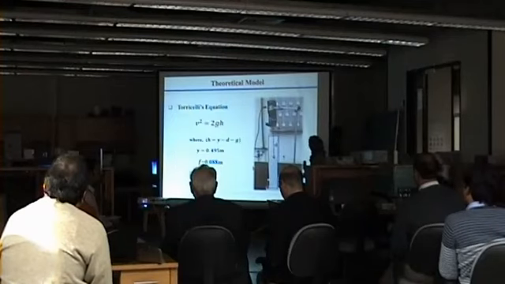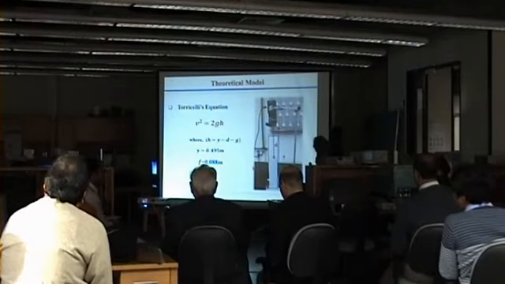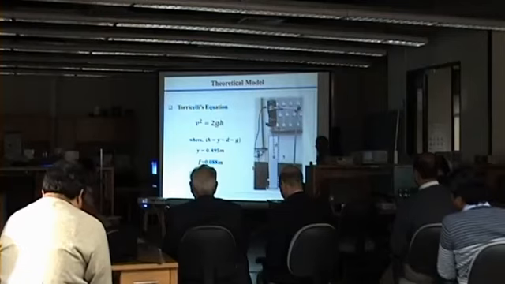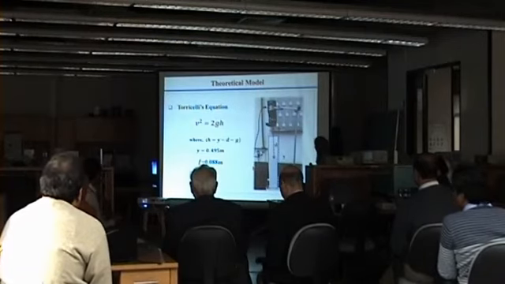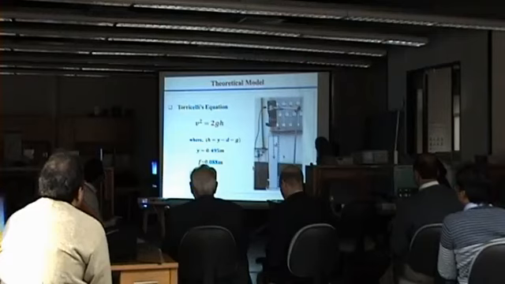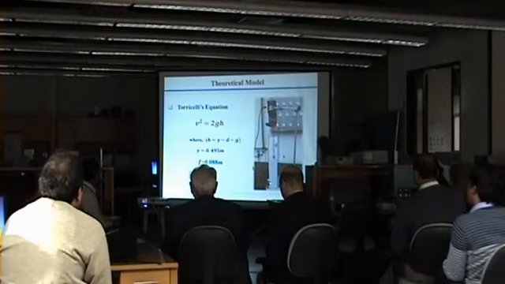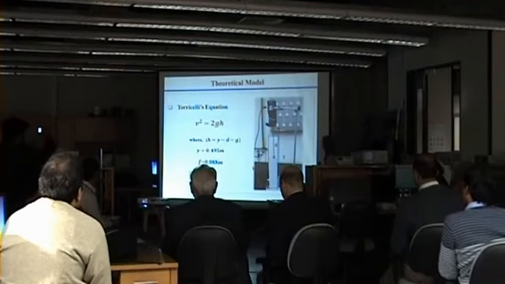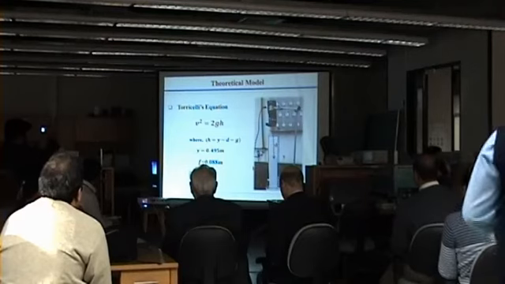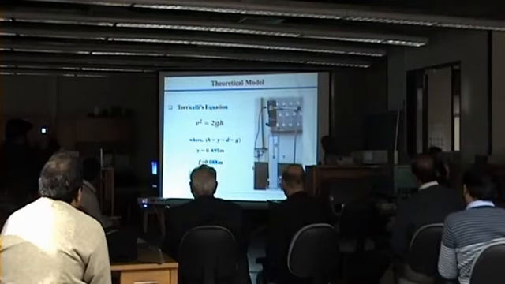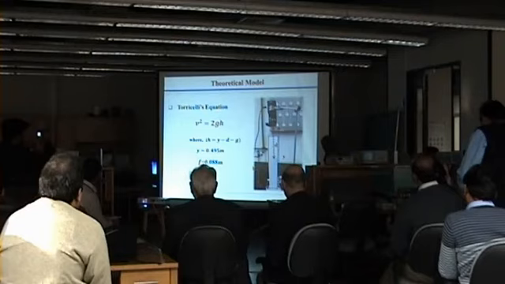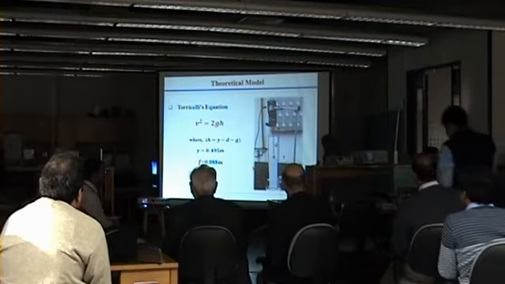This is just a simple formula from Bernoulli's equation to find that the velocity of the jet of water that comes out from here equals the square root of 2gh, where h is the height of the water column.